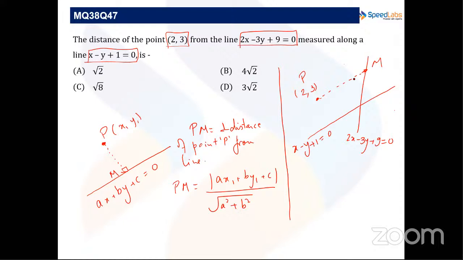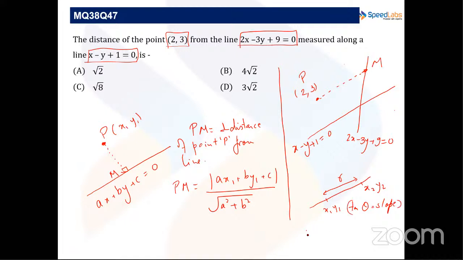For this type of question, we will use the parametric form of the line. If we have a line between the 2 points (x1, y1) and (x2, y2), let's say r is the distance between these 2 points, and tan theta is the slope.